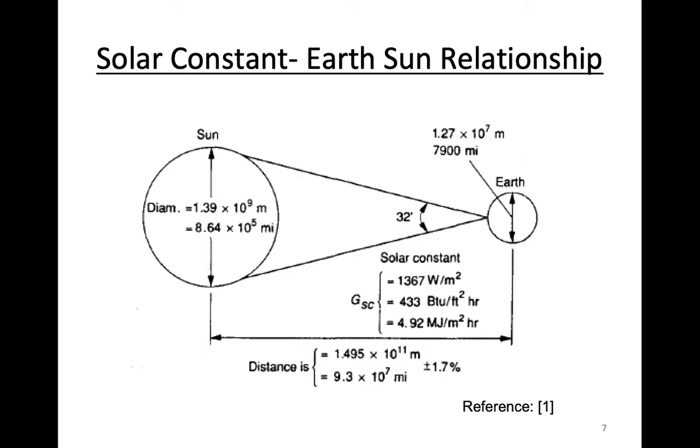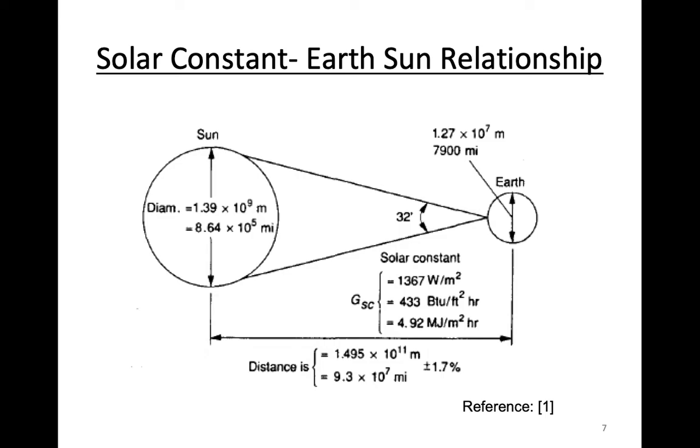Solar constant, Earth Sun relationship. Figure shows schematically the geometry of the Sun Earth relationship at a distance of 1 astronomical unit, that is 1.495 × 10^11 meter, the mean Earth Sun distance. The Sun subtends an angle of 32 minutes.